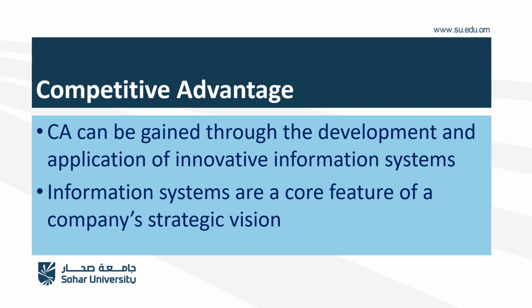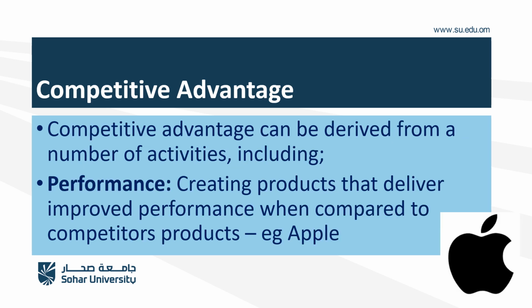In other words, to achieve competitive advantage for any firm, the firm should apply some innovative information systems in their business processes. Okay, so how can the firm gain the competitive advantage?